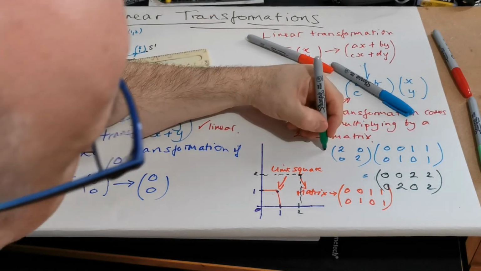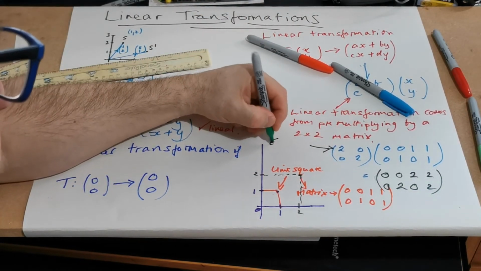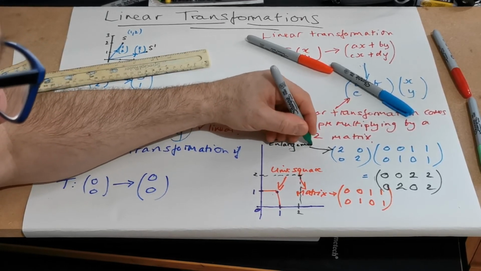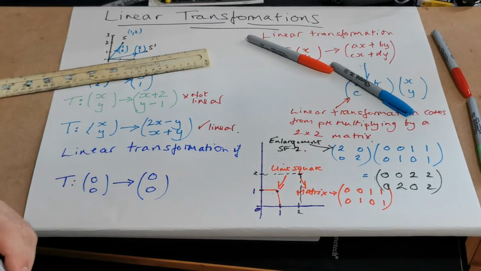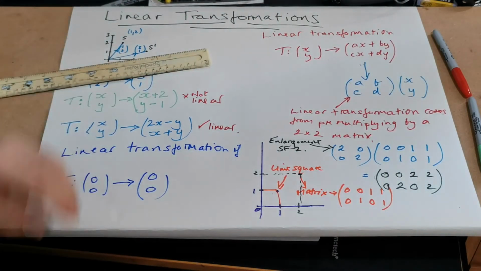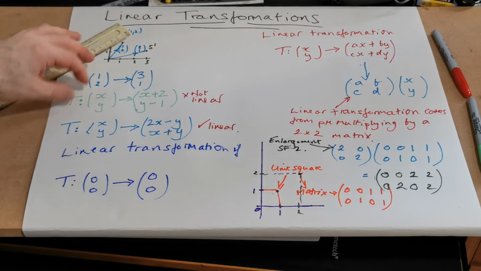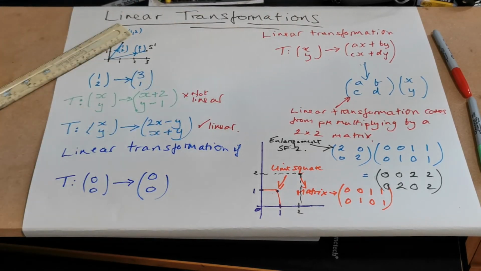So this linear transformation is an enlargement scale factor 2. But the important thing is a linear transformation changes the x's and the y's in every position vector in the same way.